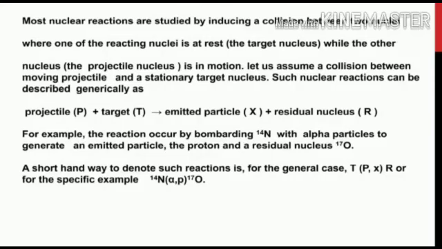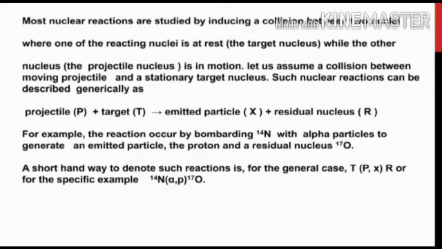Assume a reaction occurs by bombarding nitrogen-14 with an alpha particle, generating an emitted particle, the proton, and a residual nucleus, oxygen-17. We can write this nuclear reaction in a short form. In the notation, nitrogen-14, which is the target nucleus, should be written first.